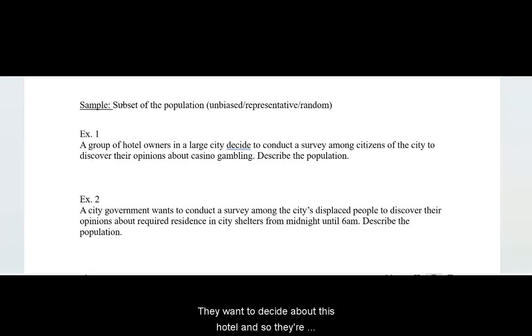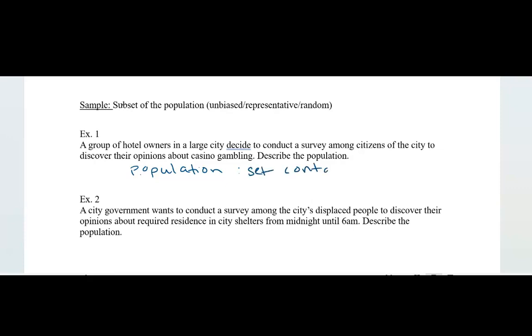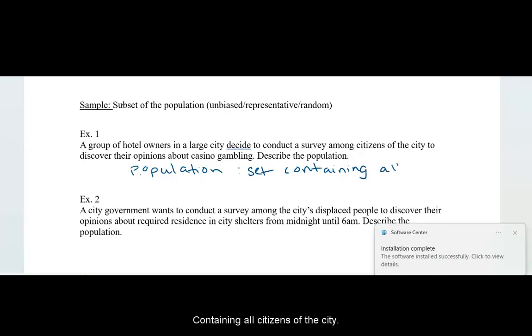They want to decide about this hotel, and so they're going to conduct a survey among citizens of the city. So the population here then would be the set containing all citizens of the city.